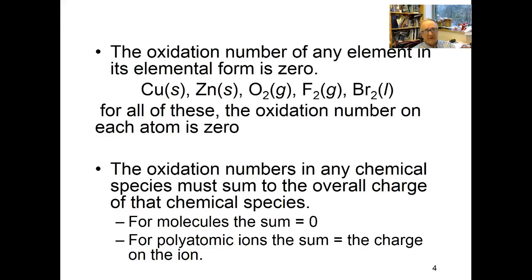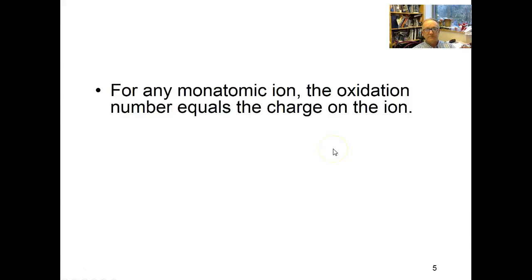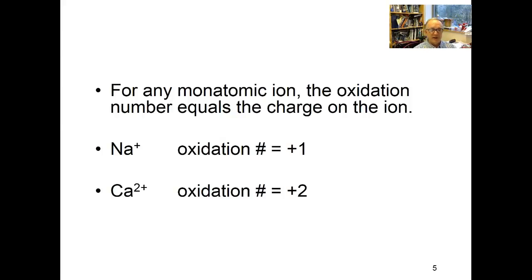And we'll get some practice on this in class. For any monatomic ion, where we just have one atom, the oxidation number equals the charge on the ion. So the sodium ion has a +1 charge, and the oxidation number is +1. Calcium 2+, the oxidation number is +2. The sulfide ion, which is 2-, the oxidation number is -2.